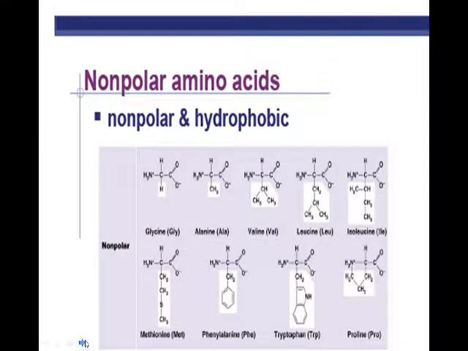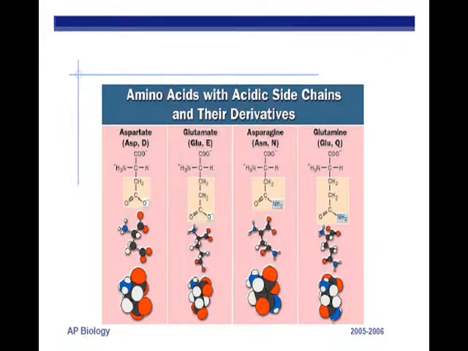If it's a non-polar R group, things that have long hydrocarbon chains or rings, those R groups are going to act very hydrophobic. They're going to want to fold so they stay away from water in the cell and end up on the inside of a 3D shape. They're going to fold so they want to be next to other phobic R groups, and so it causes some different folding patterns to happen.